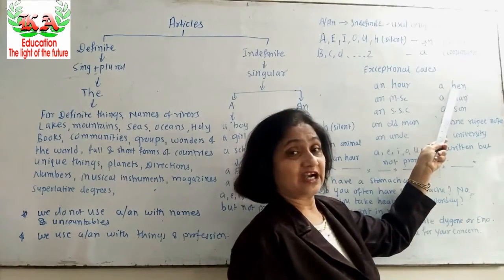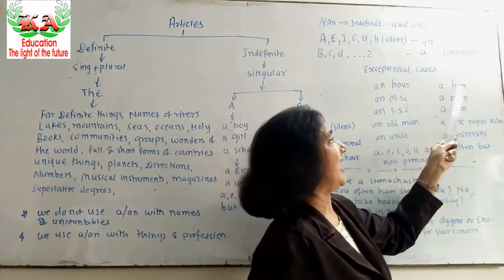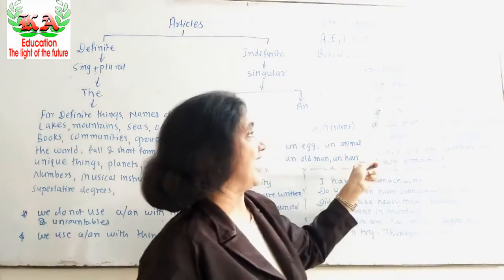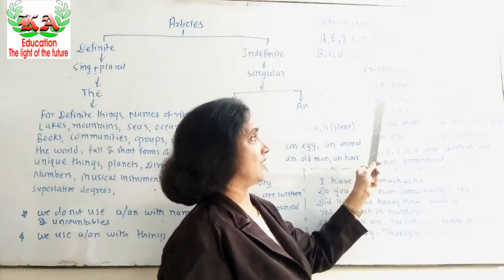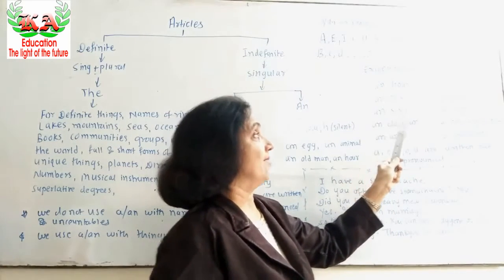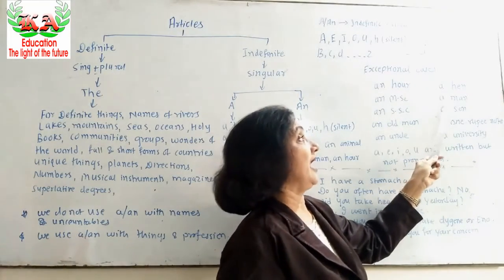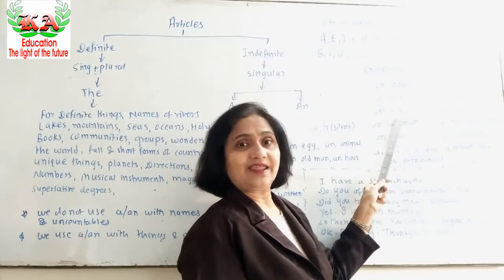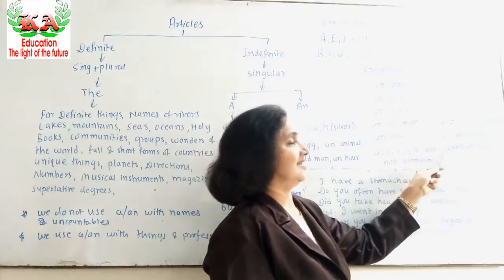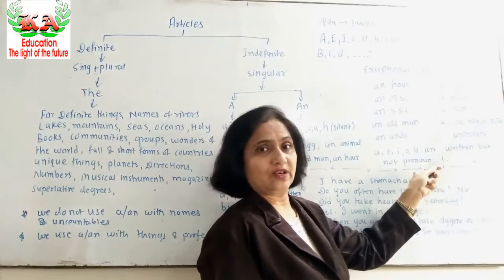Again, hen starts with H, but H is spoken. So a hen. Here an MSC. MSC, so a vowel sound is spoken, so an MSC. But the same word starting with man, a man. Here an SSC. A son. Here a is spoken and here sa is spoken.